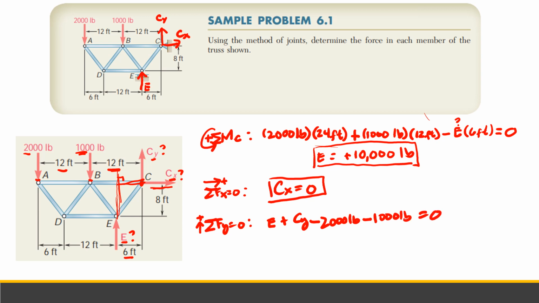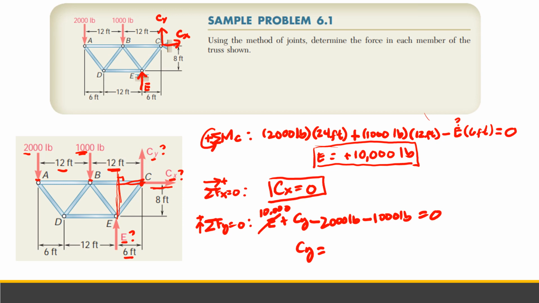This is always equal to 0. Since E is 10,000 pounds, this means Cy equals 10,000 minus 3,000, so we transpose to the other side.